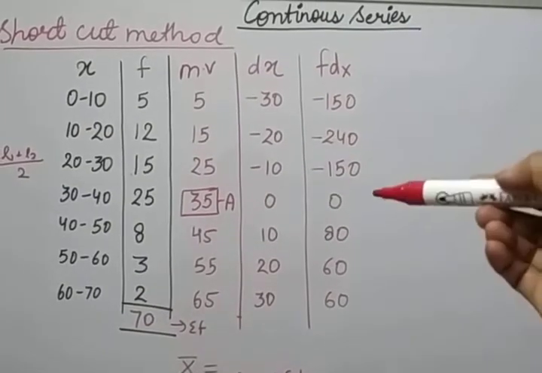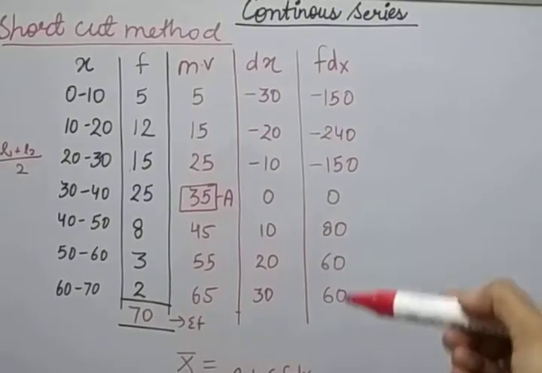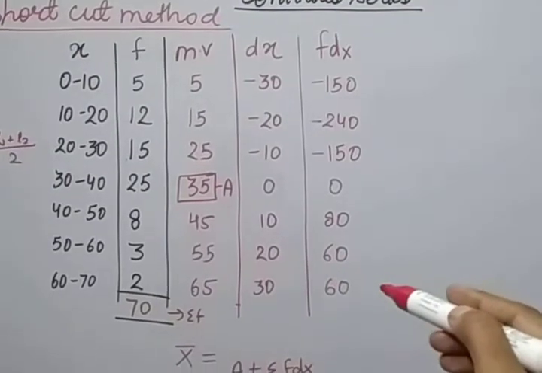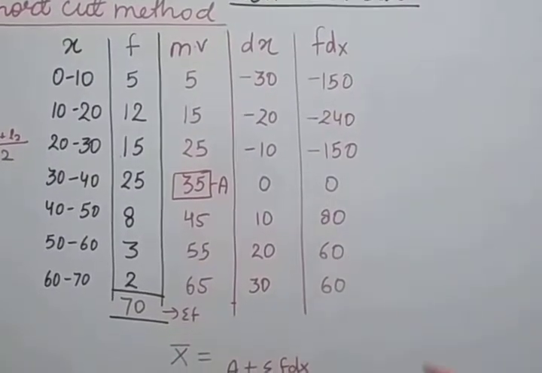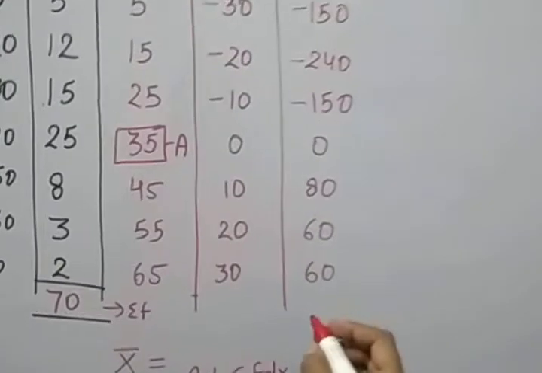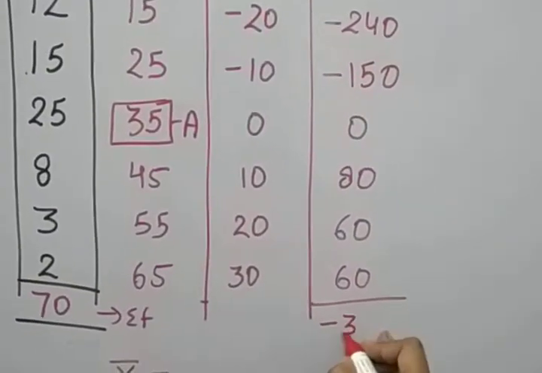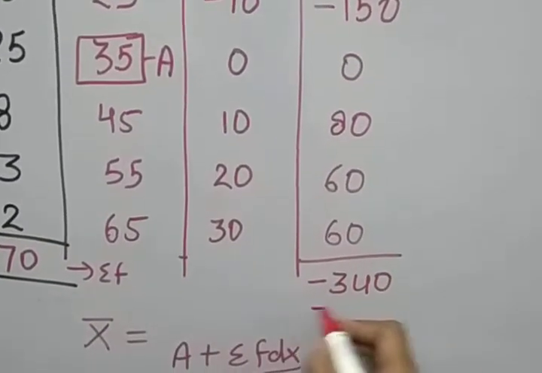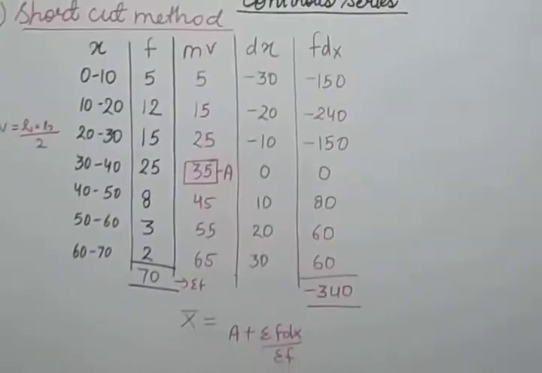Now add the minus values and the plus values separately, and after that combine the minus and plus totals. After calculating, we got minus 340.